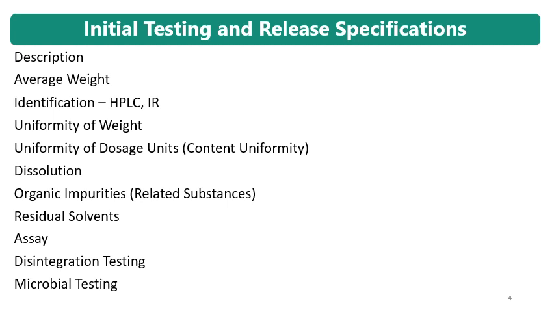Then uniformity of weight and uniformity of dosage units, that is also known as content uniformity. Then after the content uniformity, the dissolution testing is performed. Organic impurities or related substances testing is performed. You can remember it as impurity testing or impurity profiling at initial stage.